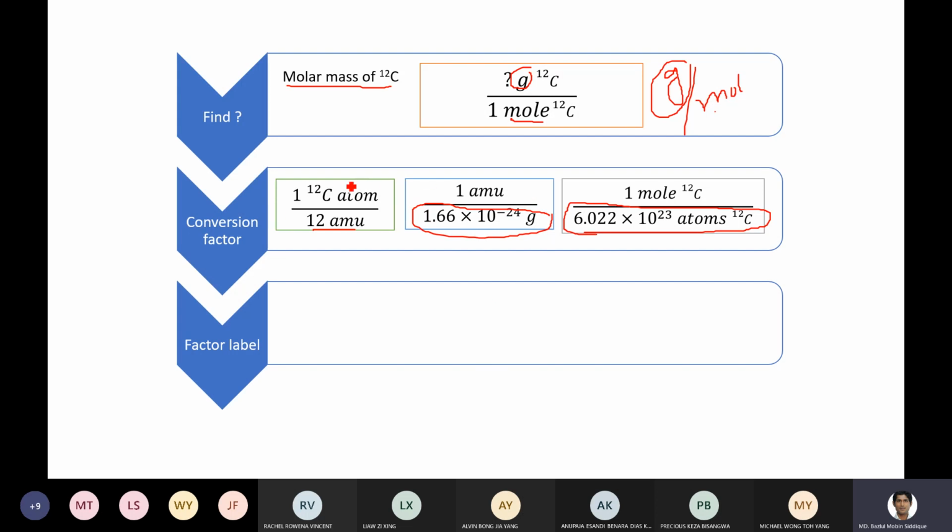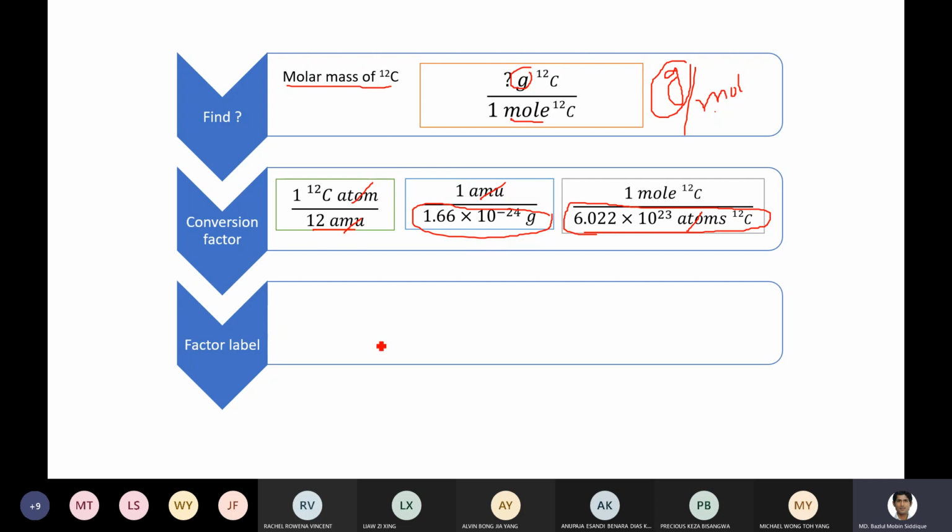But if we do it in this way, and then we cancel out all those things, atoms, we see that it is mole per gram. Mole is the numerator and the gram is the denominator. So it is not the way the question is asked. It is asked gram per mole, right?